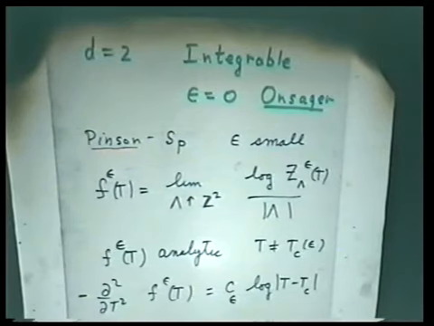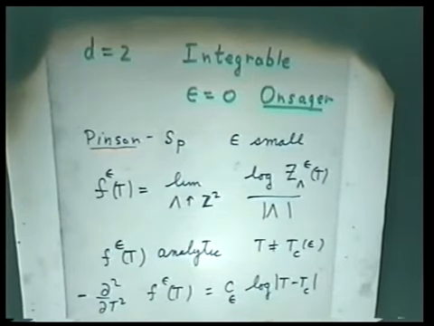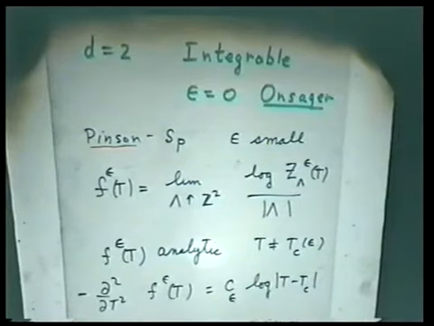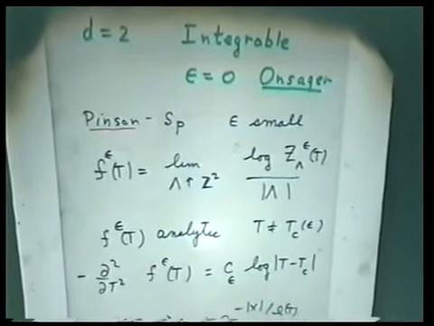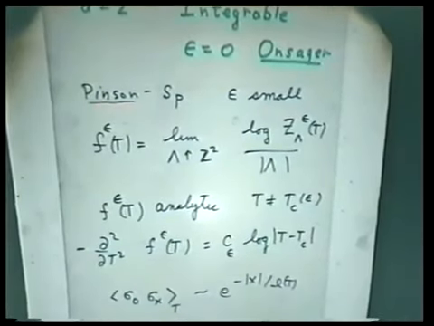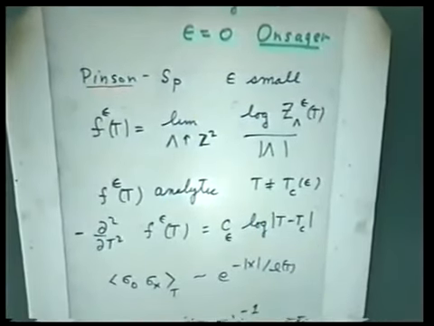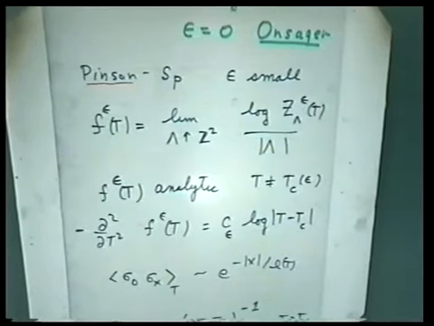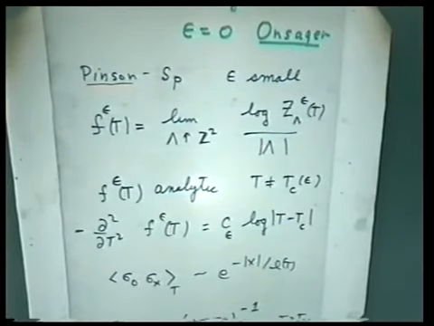As I say, he computed the case of epsilon equals 0. Now, here's what Onsager discovered, that for epsilon equals 0, this f of t is analytic as a function of temperature. The variation in temperature is completely smooth, except when t is equal to Tc, which can depend upon epsilon. But he only treated the case epsilon 0.